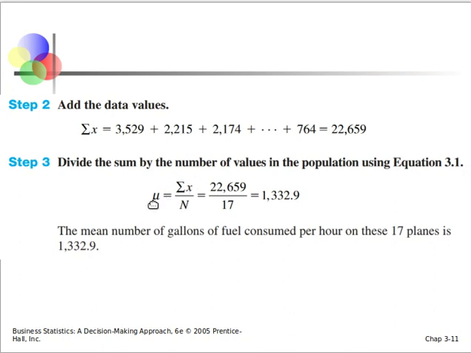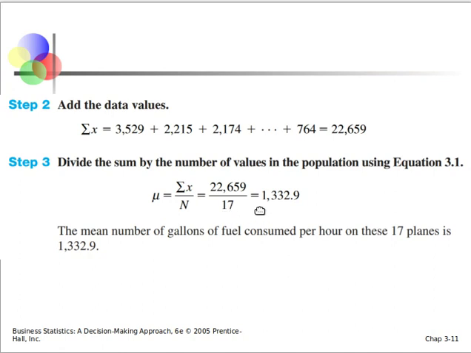The population mean is equal to the sum of all members of the data set divided by the big N, which is for the population. So the population is 17, right? So 22,659 gallons per hour divided by 17.